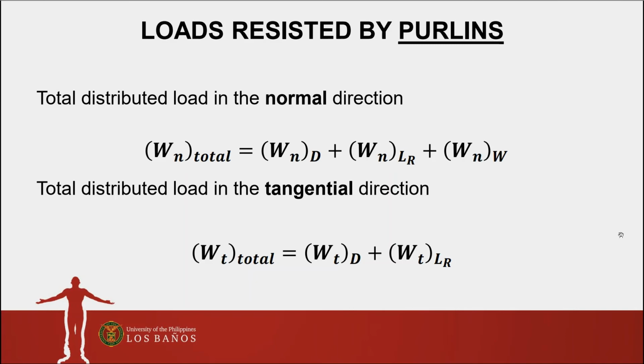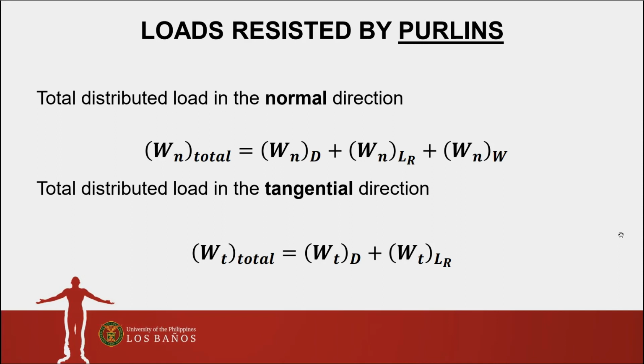so after getting the normal and tangential components for the different kinds of loads acting on the purlins, the total distributed load in the normal direction will be equal to the sum of the normal component of the roof dead load plus the normal component of the roof live load plus the normal component of the wind load.